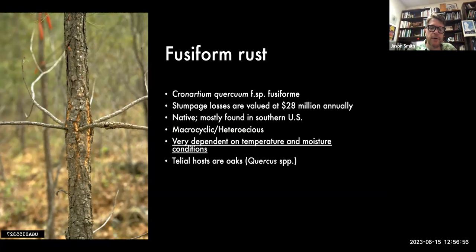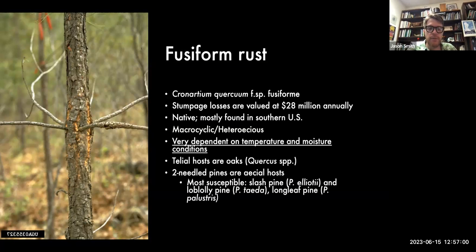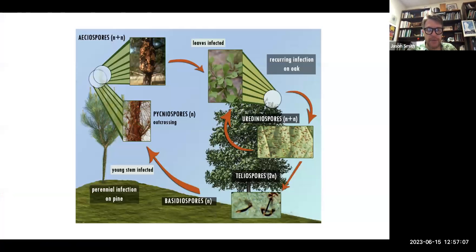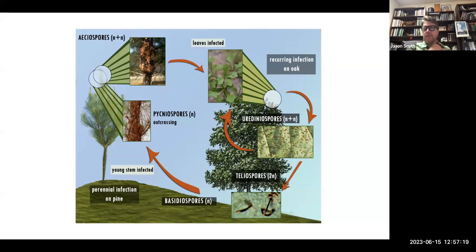But the hosts are either oaks or pines, two and three needle pines. So slash pines, loblolly pine, longleaf pine, these are all susceptible. And then some oak species or pine species are resistant. Sorry, I went over that so fast. I just want to make sure I finish up here in time. So this alternates between pines and oaks, and in Florida, on oaks, it's not really a problem. It doesn't cause much harm, but on pines, it can be a big problem.